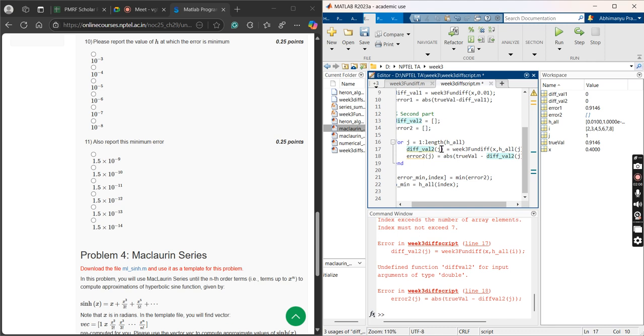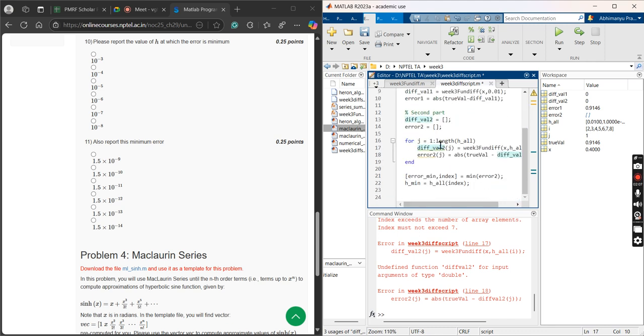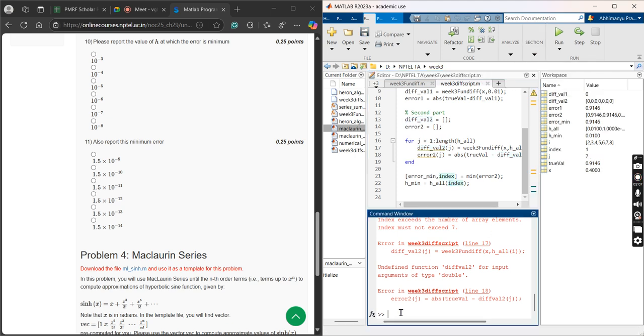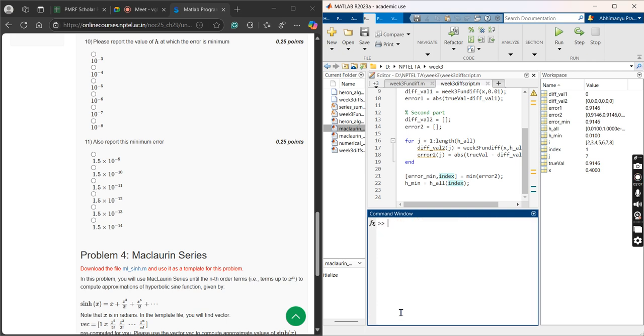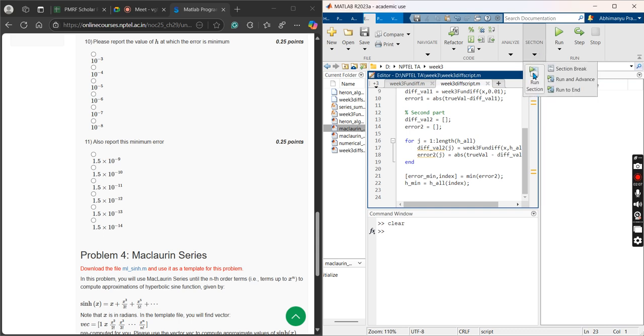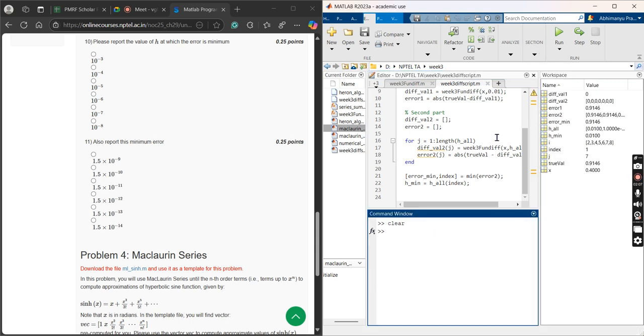Default to true val. True val is already defined. Error. So now this one's fine.